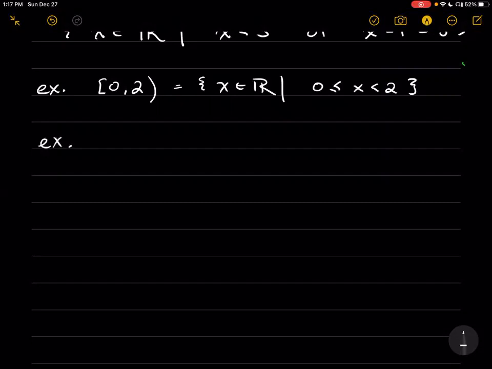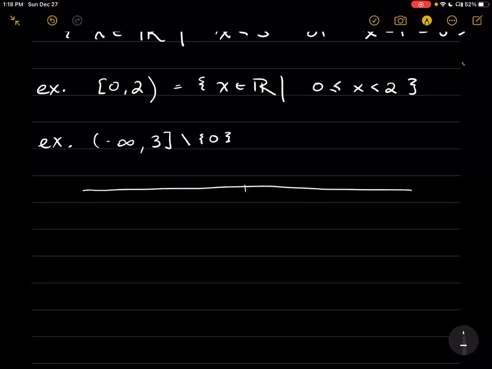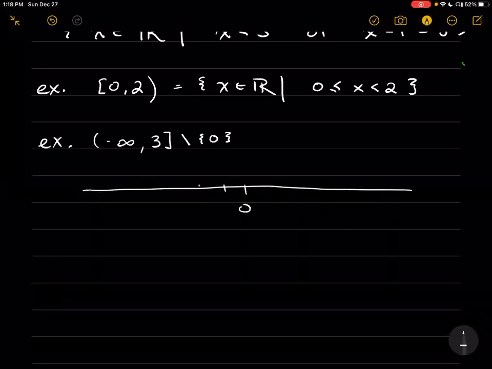Okay, maybe let's see a different example. Let's do all the way down to negative infinity, to 3, and then let's go ahead and take away 0. So let's draw some pictures because this one's a little more complicated to see what's going on.